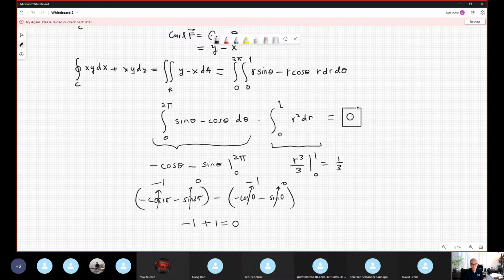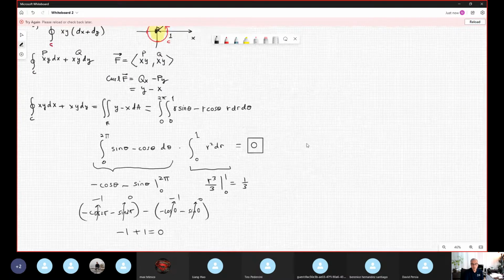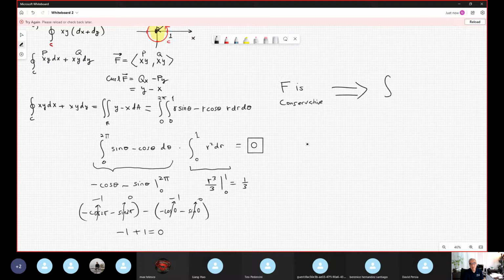So the idea is, in this case we have a vector field. Normally the law is, if the vector field is conservative, automatically the integral in the closed curve is 0.